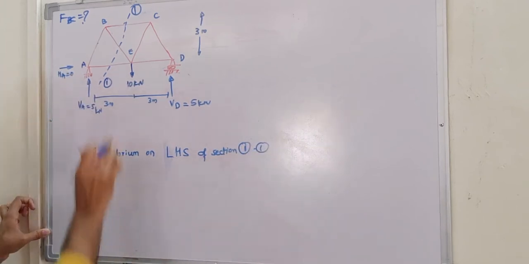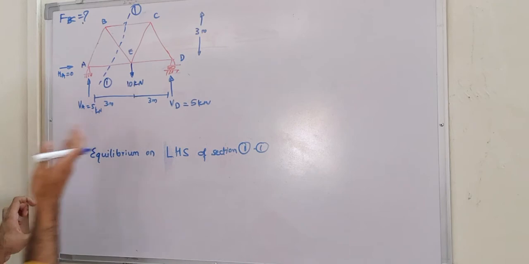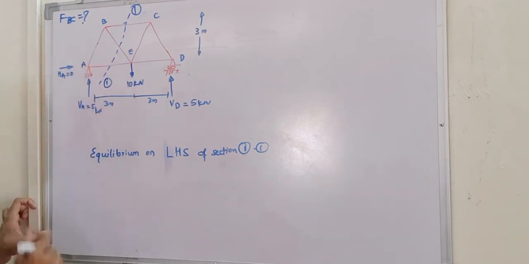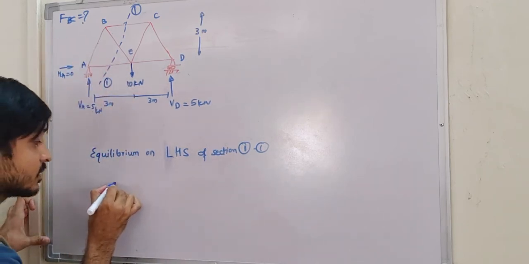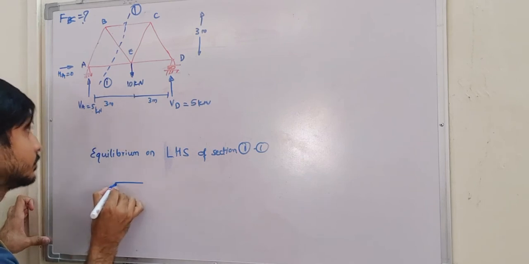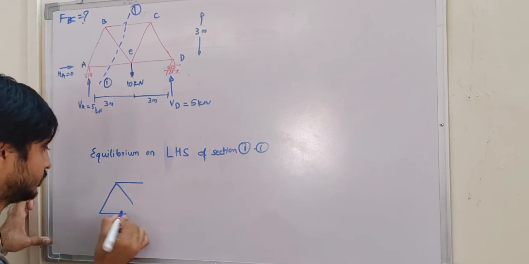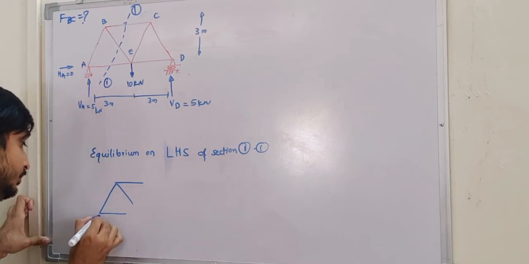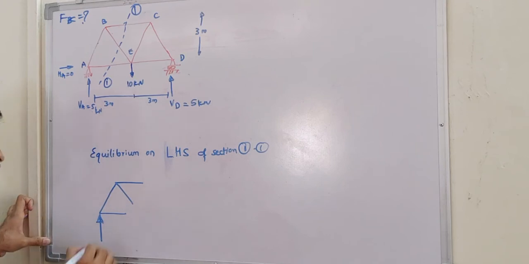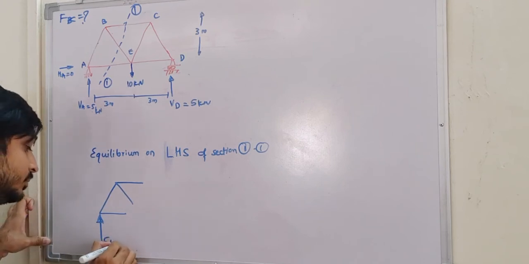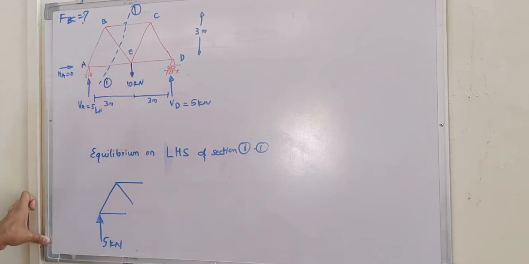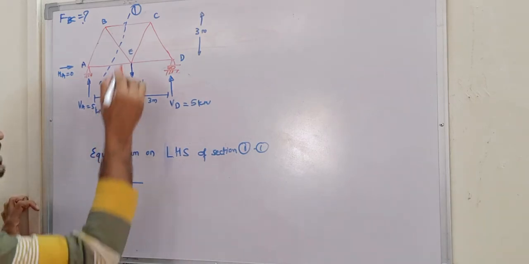I am taking the equilibrium on the LHS of the section. This is LHS, so I will draw the diagram of that LHS. So this is 5 kilonewton, and these are the cut sections.